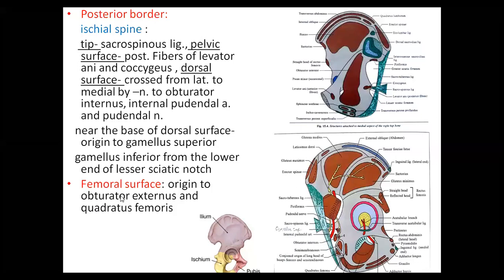In between, this whole hole is closed by obturator membrane. That means from the outside aspect of the obturator membrane, we have obturator externus. From the inside aspect of the obturator membrane, we have obturator internus. So that is the femoral surface.